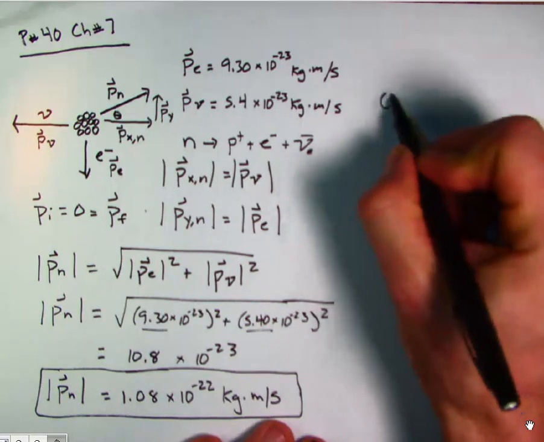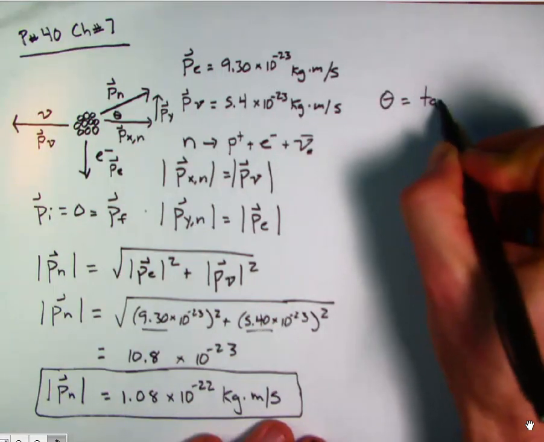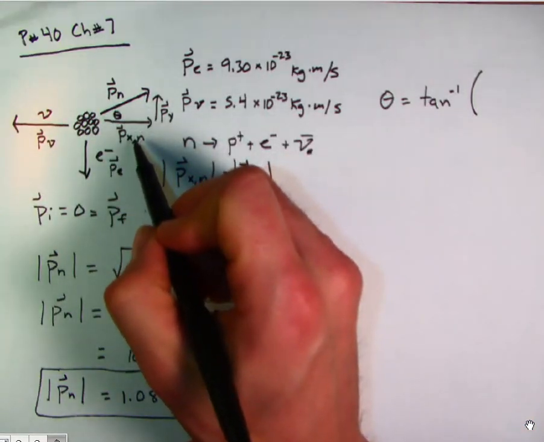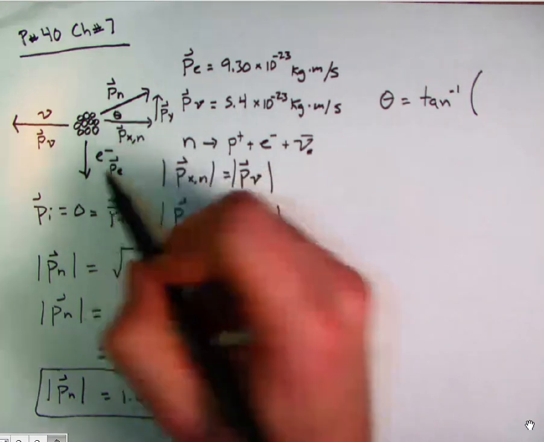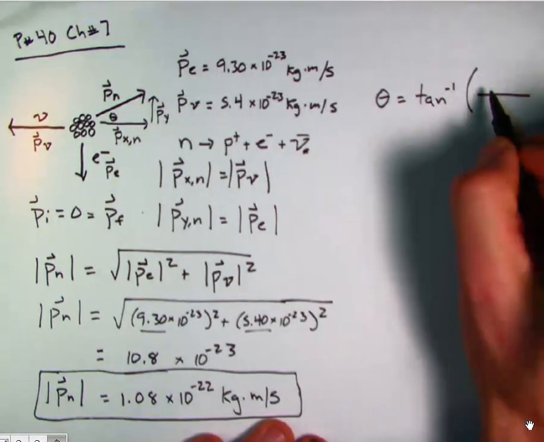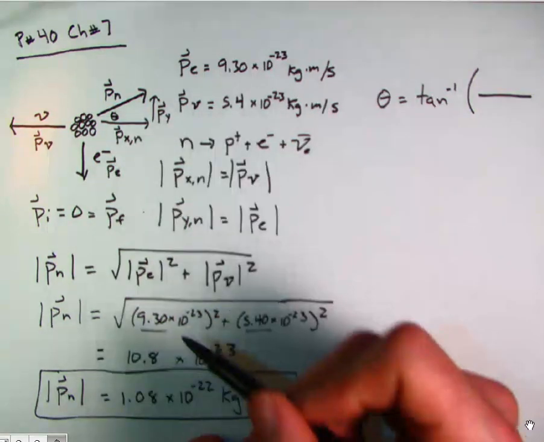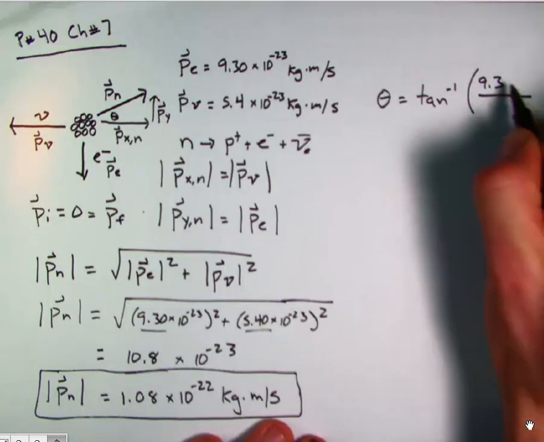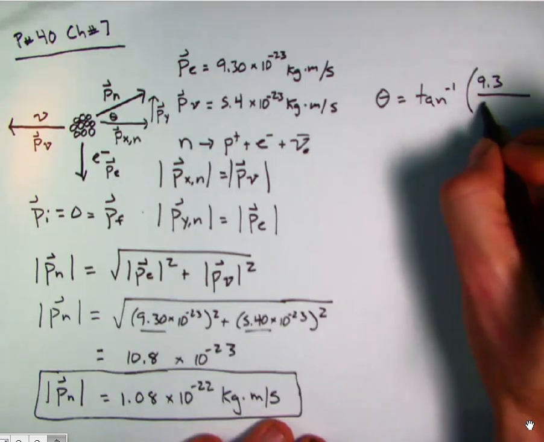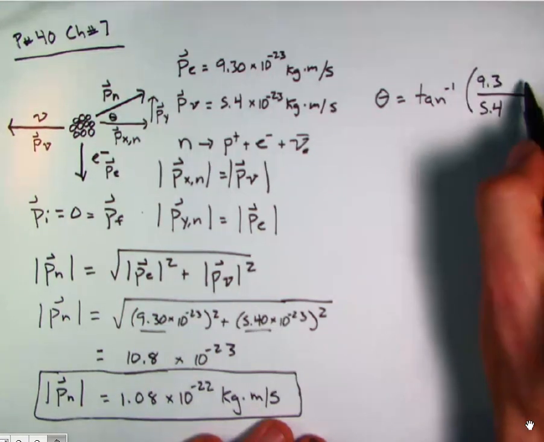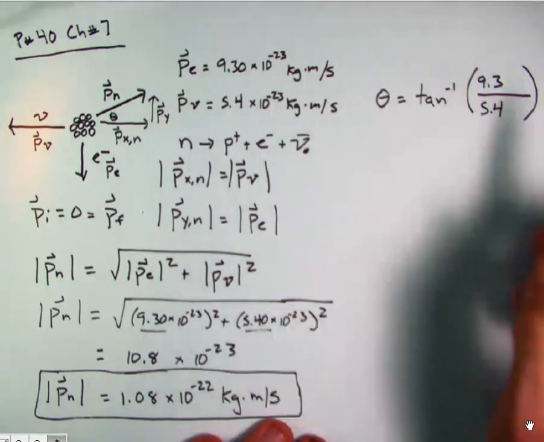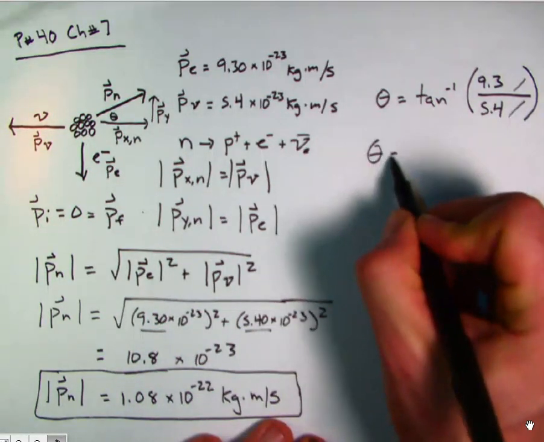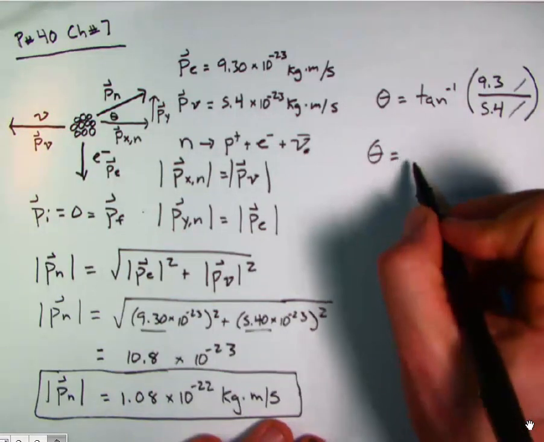Well, theta would be the inverse tangent of the opposite over the adjacent, which would be the p sub y, the electron's momentum, so 9.3 times 10 to the minus 23rd divided by 5.4 times 10 to the minus 23rd. I'm not even going to write in the 10 to the minus 23rd because they'll just cancel out.